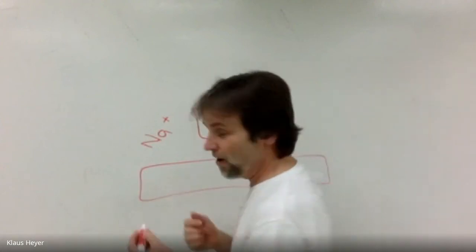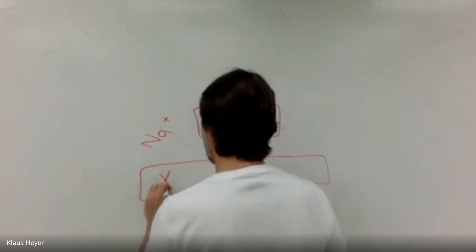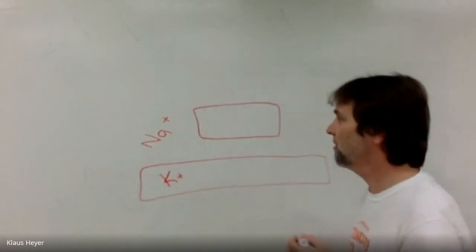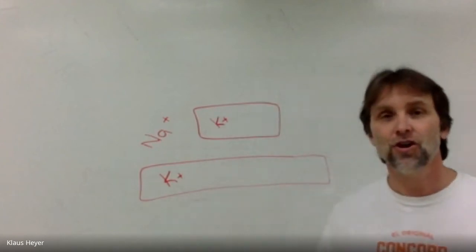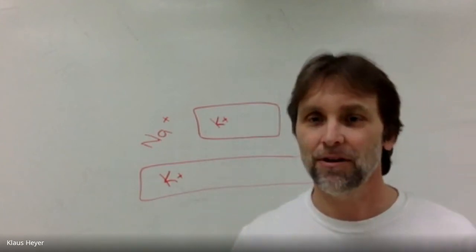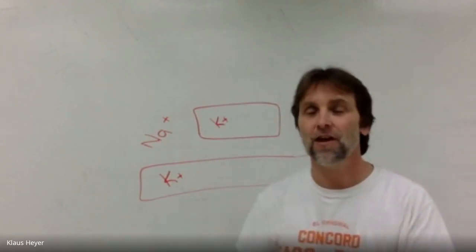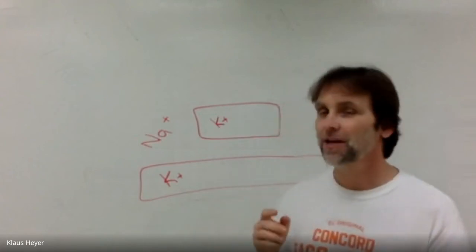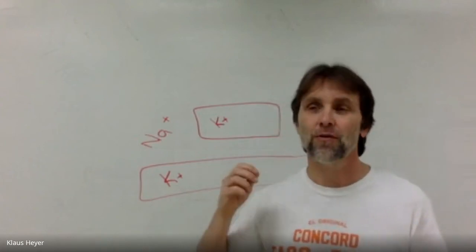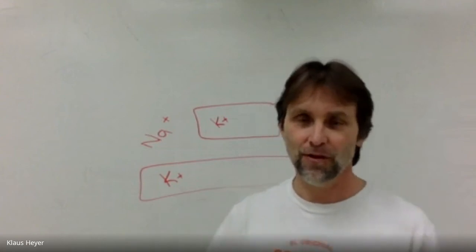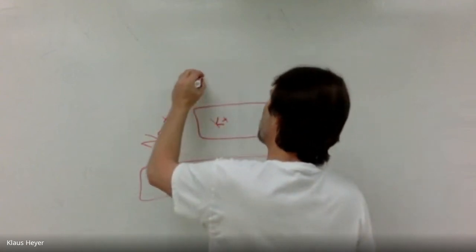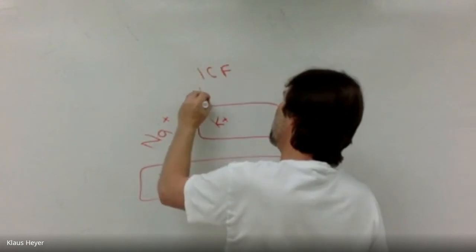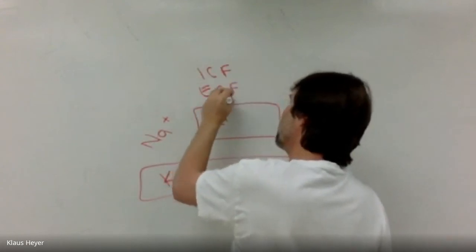Potassium is another positive one. And not only should you know if they're positive or negative, you should know where they tend to hang out. There's one of two places. Either these minerals hang out inside of your cells, or they like to hang out outside of your cells. So we call that intracellular fluid and extracellular fluid.